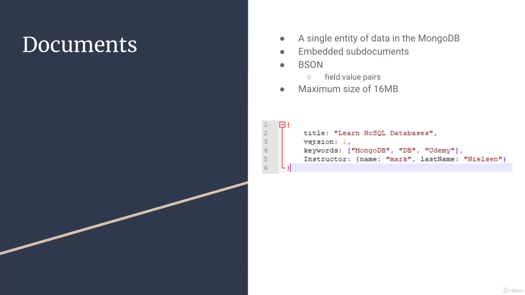So instead of having a relational database where we have different rows containing different data based on columns, and maybe referenced and related to another table containing other information, we will have all the data about an entity within a single document, like we see right here.